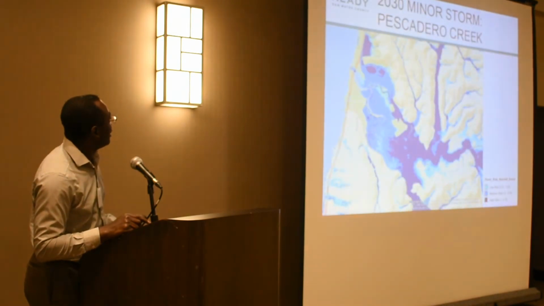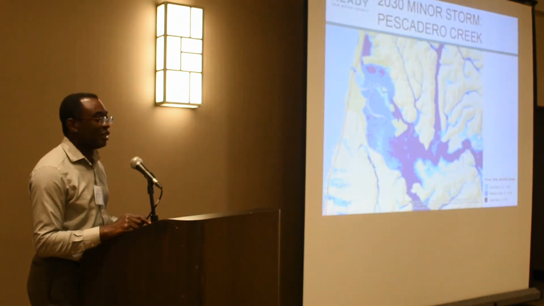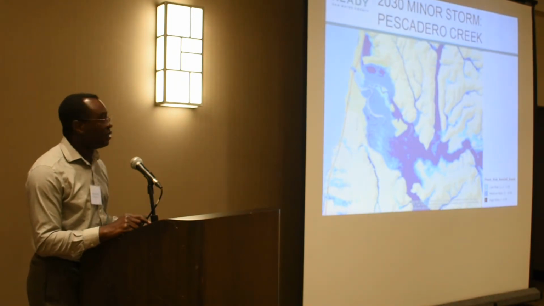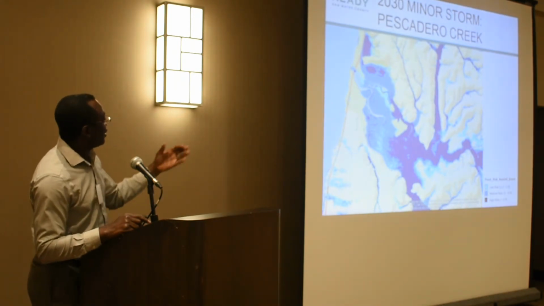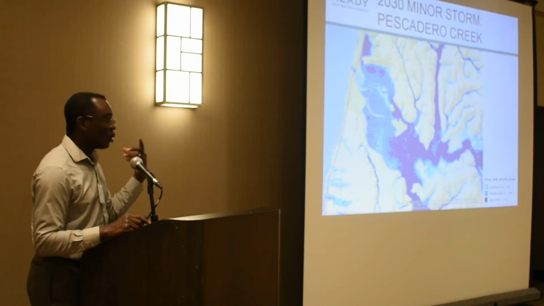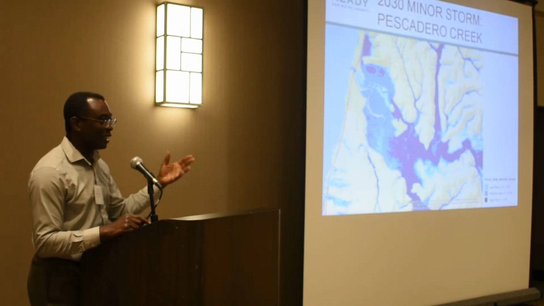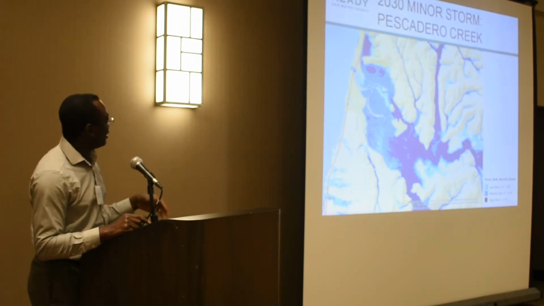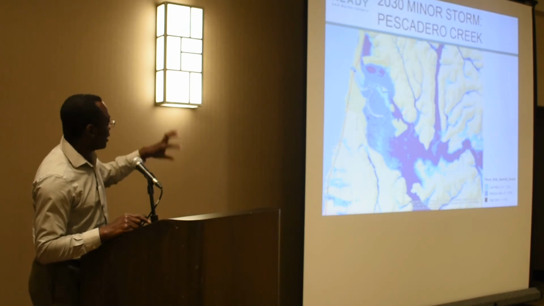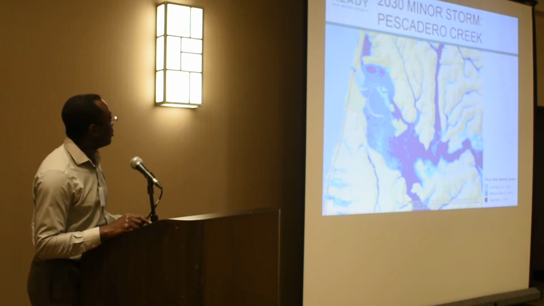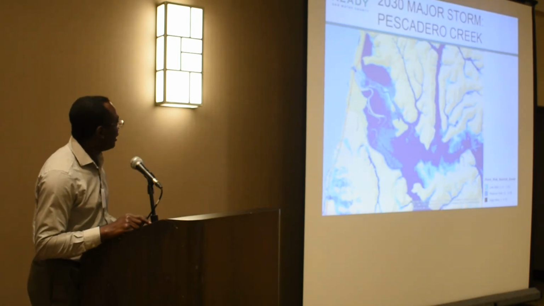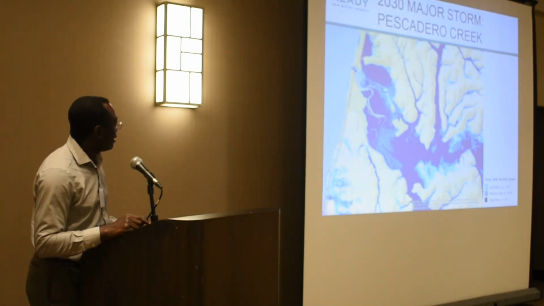And we looked around the Pescadero area as well. Again, there's a lot more going on in this area than we could quickly explain, but the basic issue is that the marshes do get flooded with minor flooding under 2030. The flooding does intensify under the major storm.